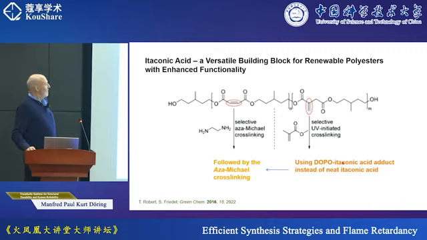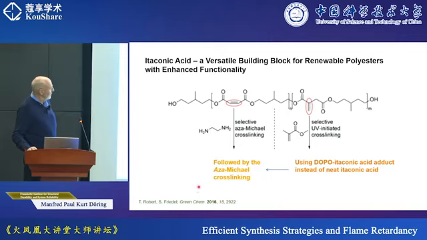And of course, I would think if we used instead of itaconic acid the DOPO adduct of itaconic acid, which you can sometimes buy, instead of this poor neat itaconic acid, then you have now here a DOPO derivative, but you have this again here active and can do aza-Michael cross-linking.